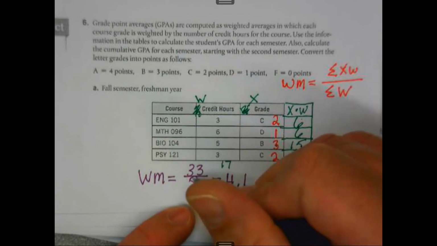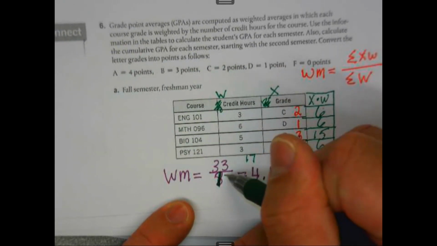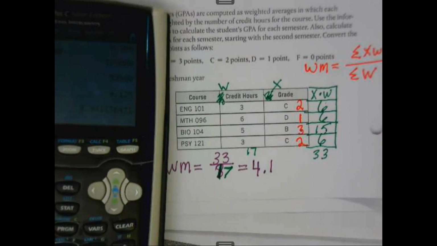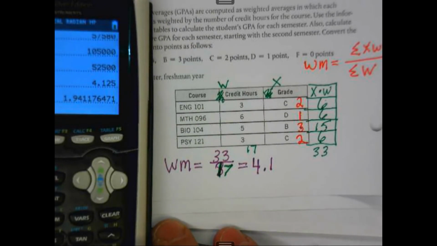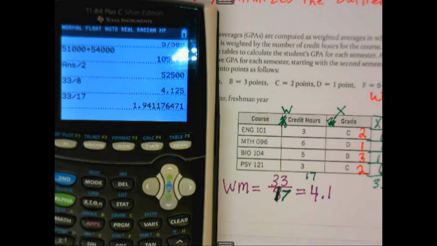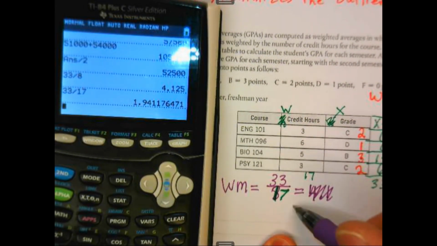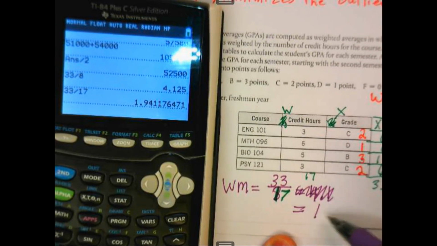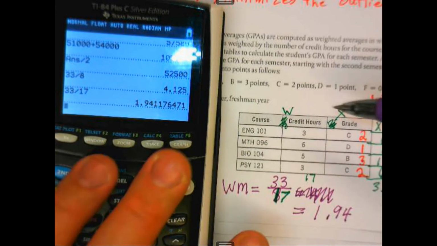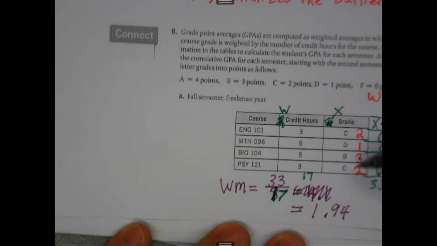I should have divided this by 17. It's easy to make mistakes here. And when I divide 33 by 17, I don't get 4.1, I get 1.94. Well, that makes more sense because they have D's and C's mostly.